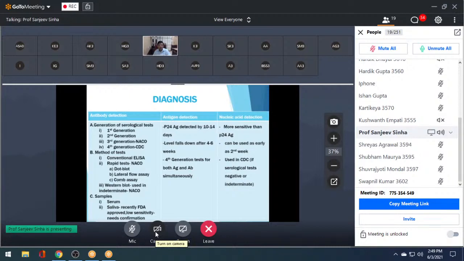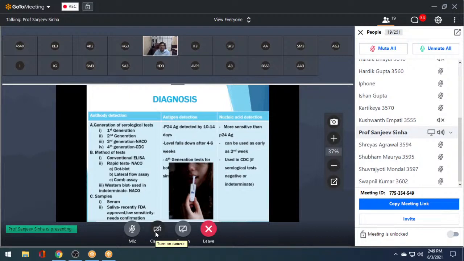When ELISA or rapid tests are not showing positivity and you have a high suspicion of HIV, then you can go for the Western blot. We also have a saliva test, which is approved by FDA, but it still has to be approved by NACO in India.